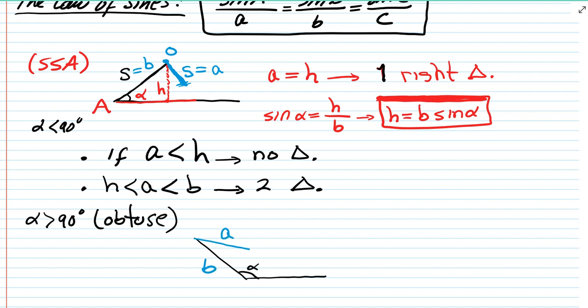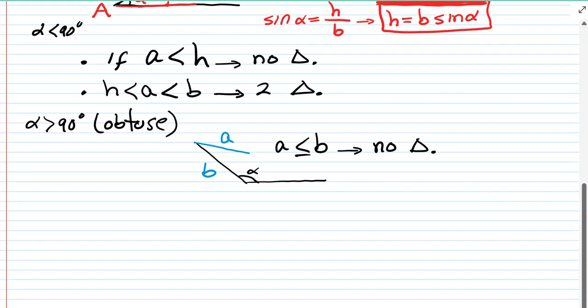This is B. Again, if I strike an arc of a circle here, notice I cannot create a triangle. I cannot close that region, right? So A is less than or equal to B. There's going to be no triangle possible. No triangle.